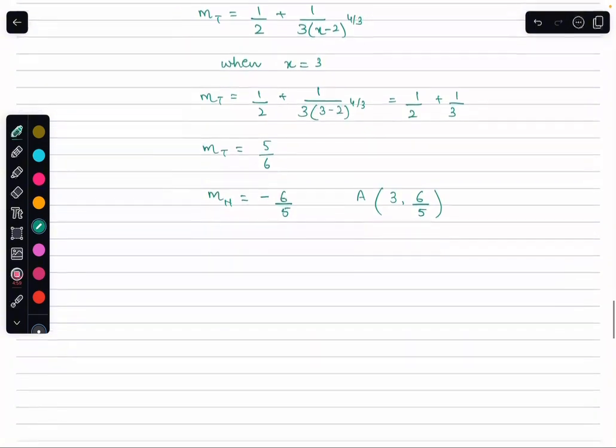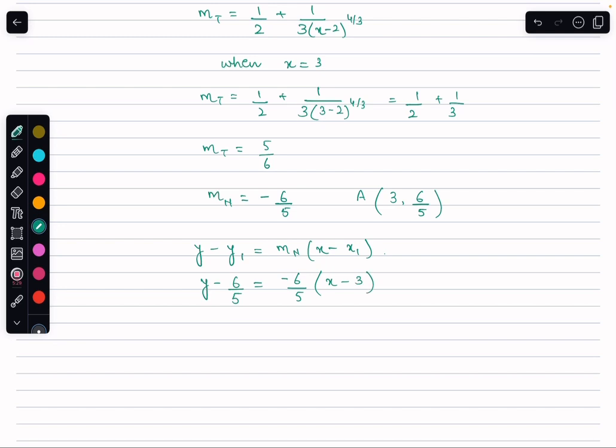So the equation of the normal is obtained with the equation y minus y1 equals the gradient of the normal times (x minus x1). I have x1, y1, the A coordinates (3, 6/5), and I have the gradient of the normal. I can simply substitute all these values: y minus 6/5 equals negative 6/5 times (x minus 3).